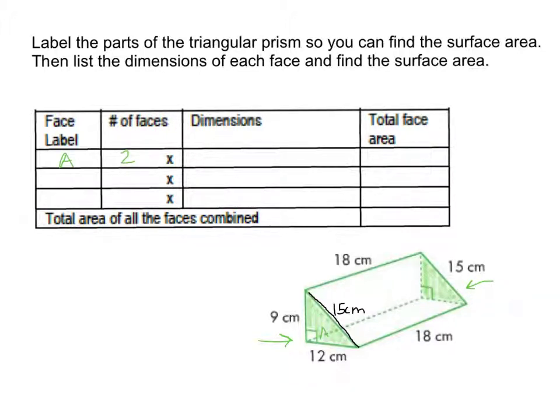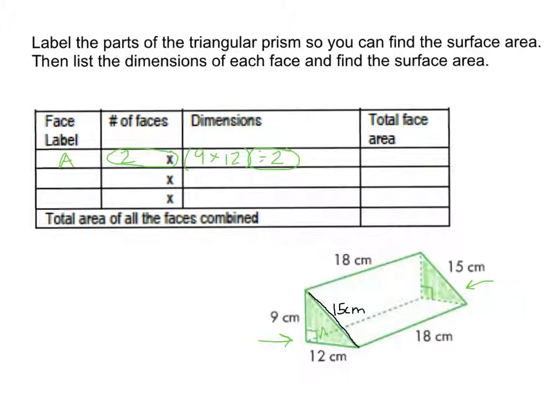And they are 9 times 12, but we must remember, since this is a triangle, I also need to divide that measurement by 2. However, because of our knowledge of inverse operations, I know if I multiply something by 2 and then divide it by 2, I've actually undone that operation.